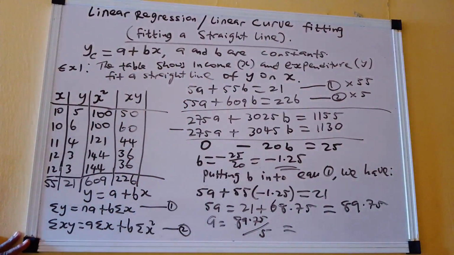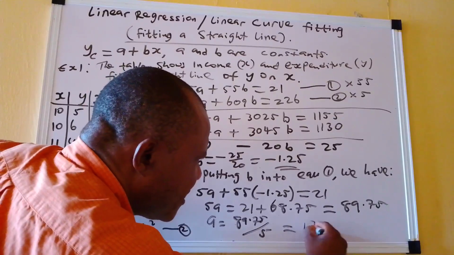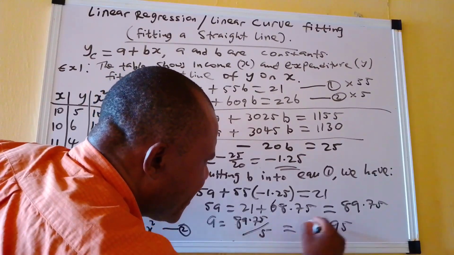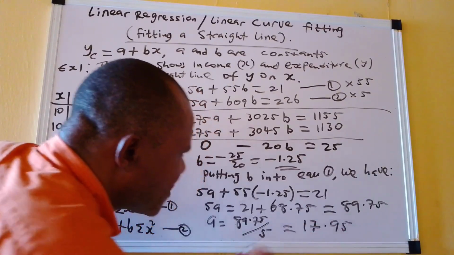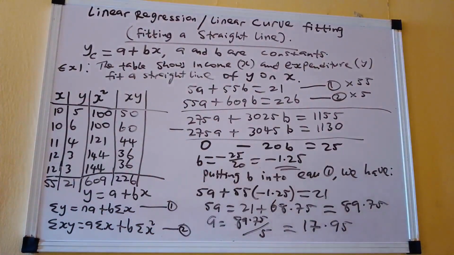When you divide 89.75 by 5, you are going to have 17.95. That's what you are going to get. So beloved, you can see that we are making progress.